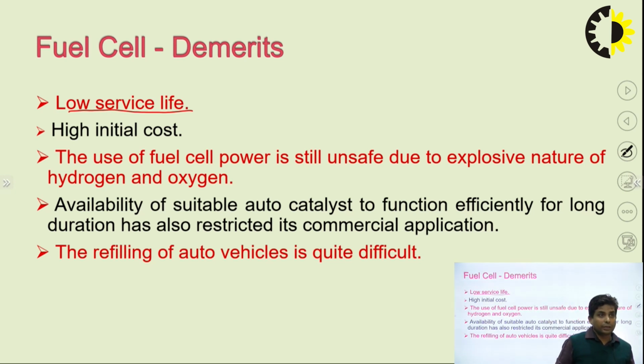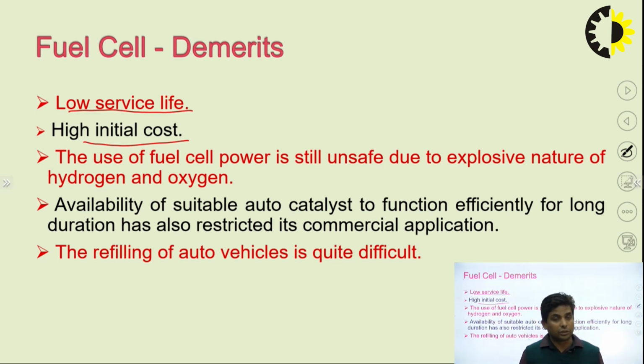But in the case of fuel cells, life is very limited. High initial cost, definitely, because of the large capacity requirement for electricity, we require high initial cost for the investment in the different fuel cells which are used. We also require continuous supply of hydrogen as well as oxygen for generation of electricity.